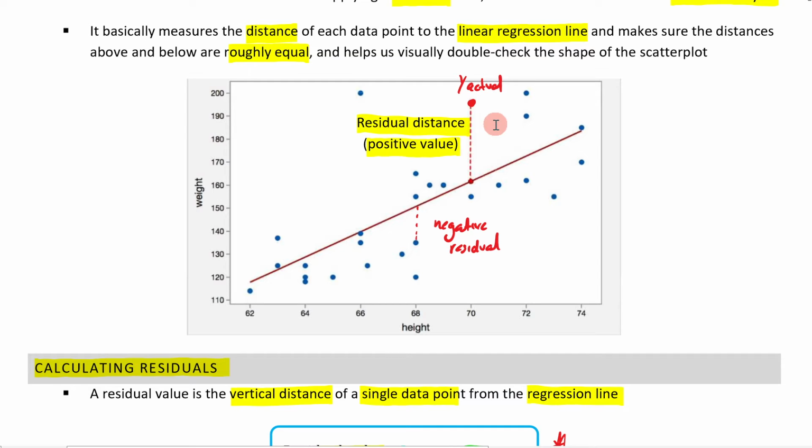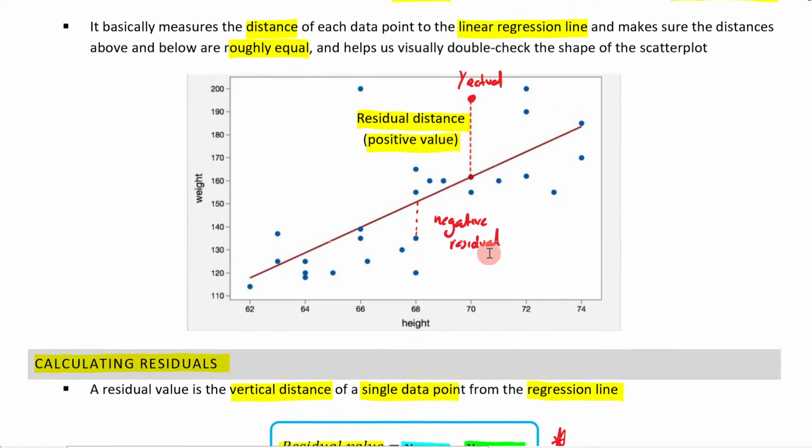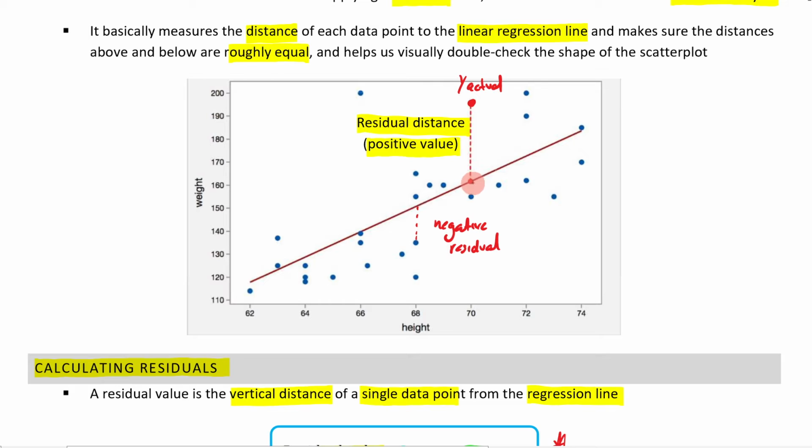And then I would subtract from it y predicted. So this would be y predicted, the value that I get from the least squares regression line. And by subtracting those from each other, I'll be able to find the residual.